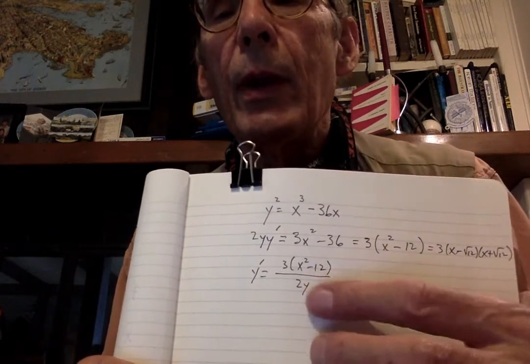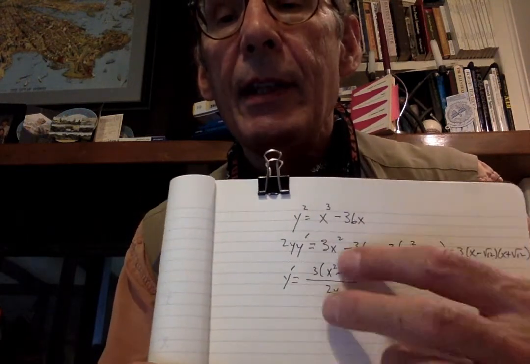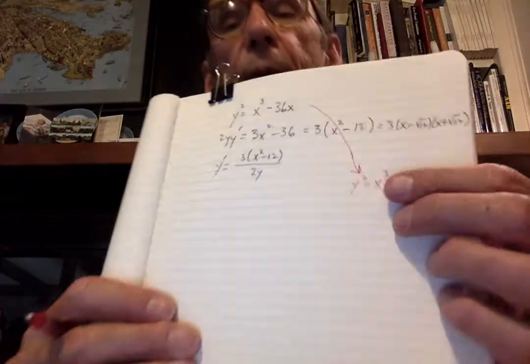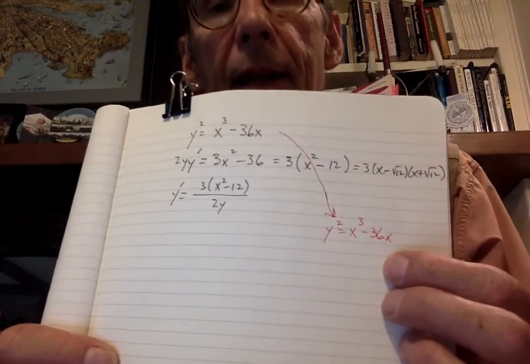Now, we can look at the signs of these things. But first, actually, let's come back and look at the sign of the original function. So I'm going to bring that down over here. We've got y squared is x cubed minus 36x. That's the thing that we were given. And there's a problem here. You've got to think about signs.